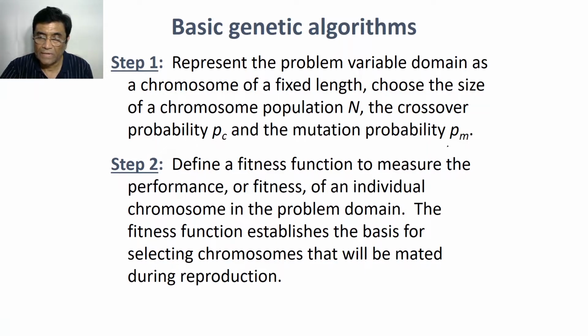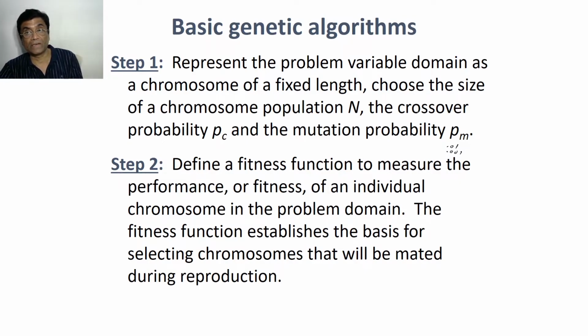The probability is very small, 0.001, because mutation is not desirable. It can give a poor solution, but from time to time it is desirable, because you never know. Since you have an unknown function you cannot see, you assume that there are local optima, and if the algorithm is trapped in a local optimum, to come out from there you can use the mutation operator.